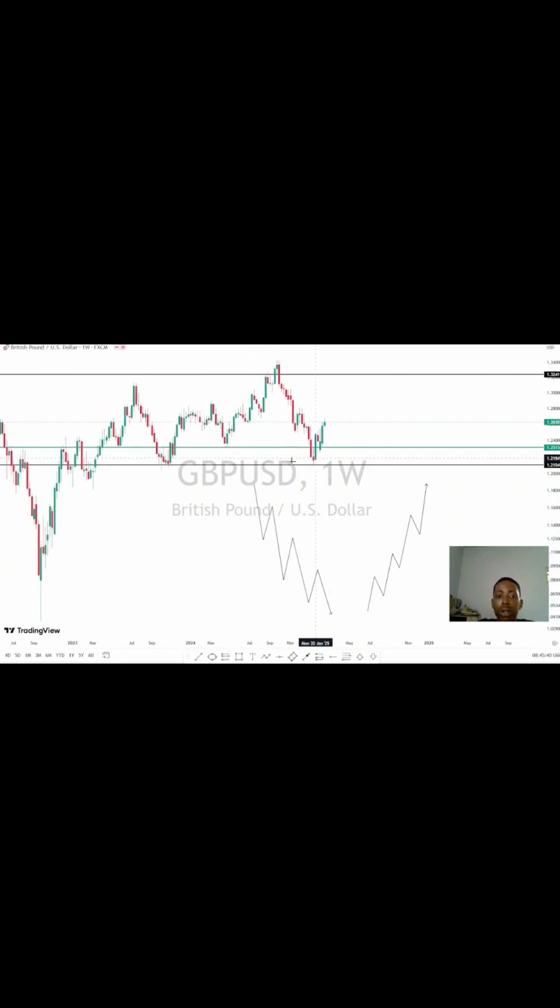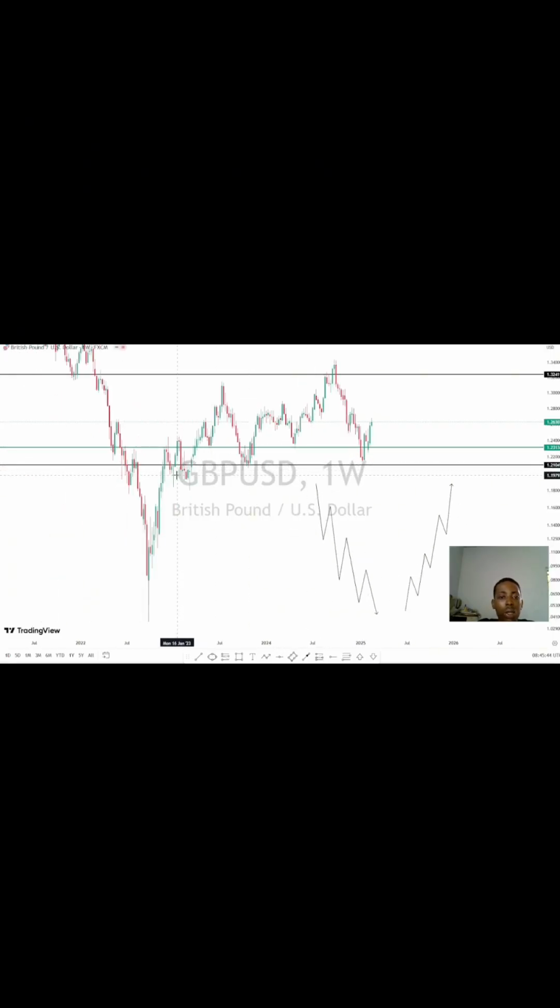And for me currently, what I'm seeing is that this market has kind of changed. For this market to bounce on this level and form this weekly inverted hammer plus another weekly candle here, for me this is a change of structure to the upside in GBP USD.